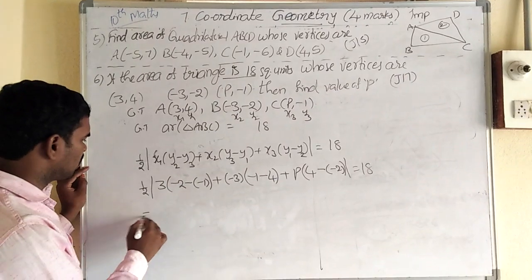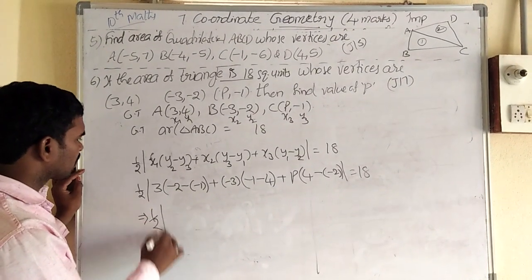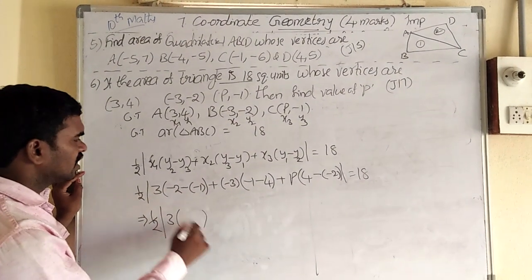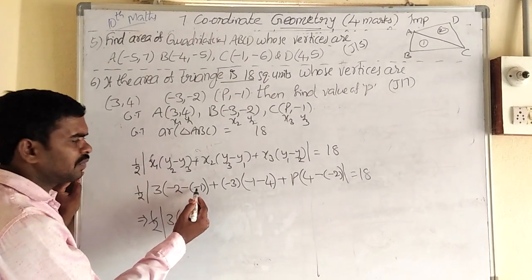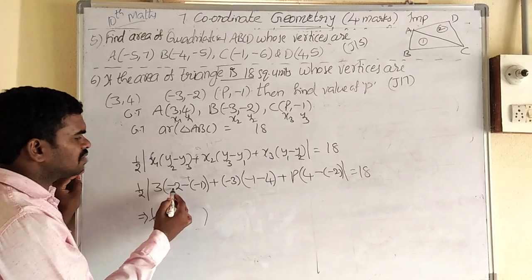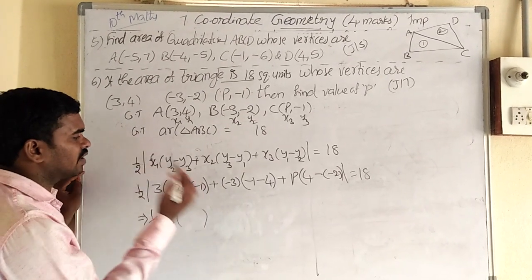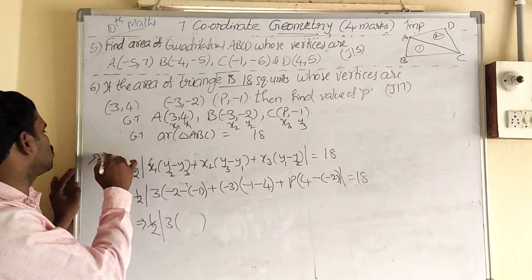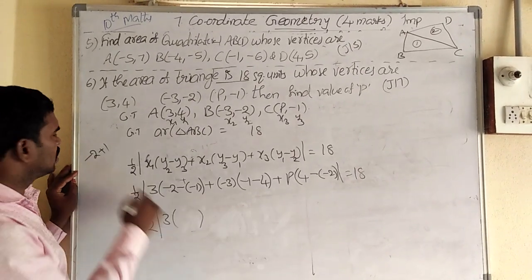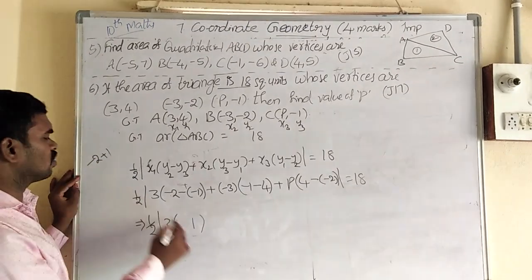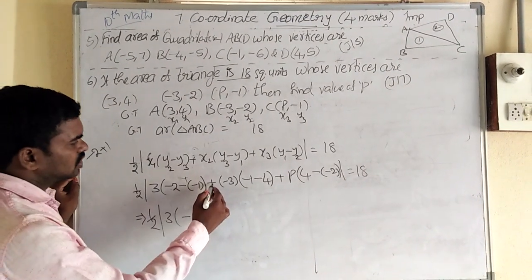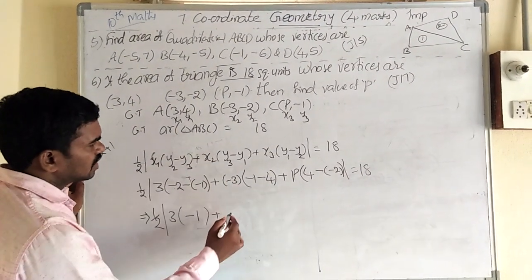Okay? I'm going to simplify. 1 by 2, 3 into bracket. In bracket, see here, it is minus into minus, becomes what? Plus. So it becomes minus 2 plus 1. So how much is minus 2 plus 1? Subtraction, 2 minus 1, 1. But here negative terms are more, so minus 1. Next plus as it is.